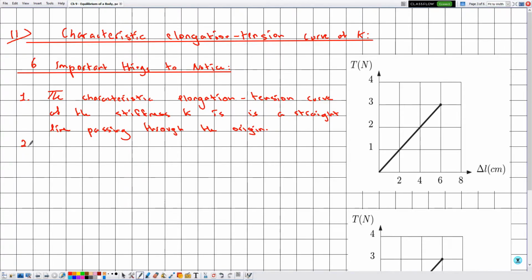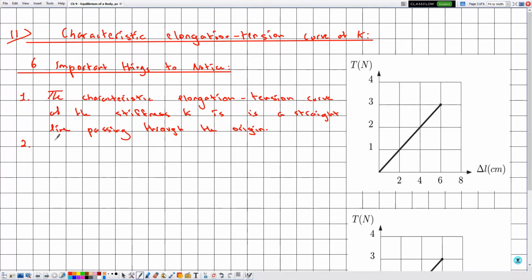Now, as for idea number 2, we know that whenever the shape is a straight line passing through the origin, or it is a straight line, then we can determine the slope. The slope represents a physical quantity. In this case, the slope represents the stiffness K of the spring.